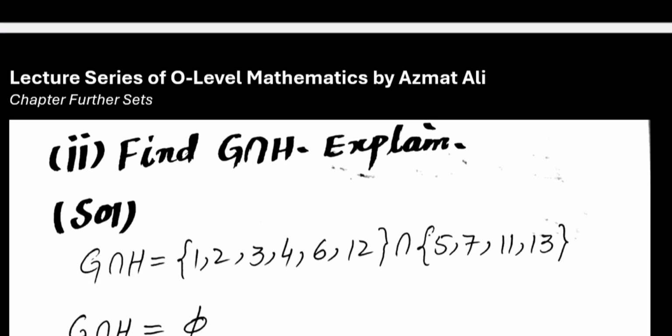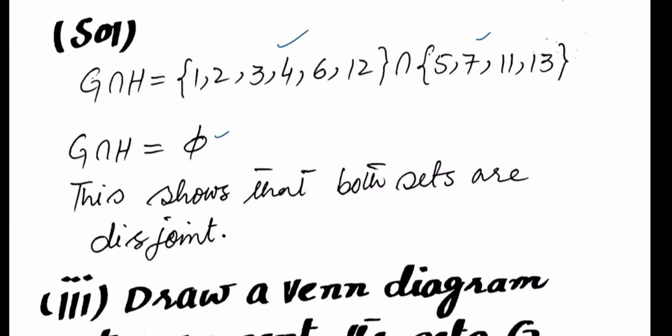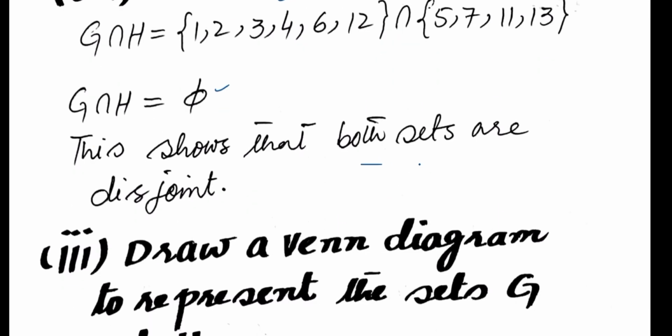Find G intersection H. This is my set G and the second set H. They have no common element, so their intersection is empty. So this is the third case, that is, the case of disjoint sets. This shows that both sets are disjoint sets.